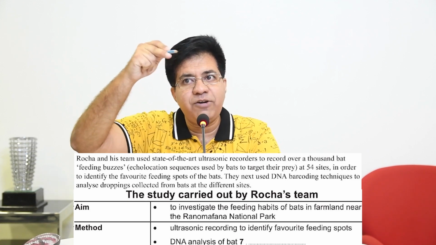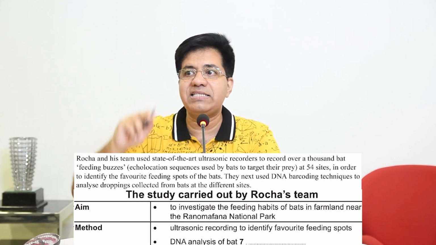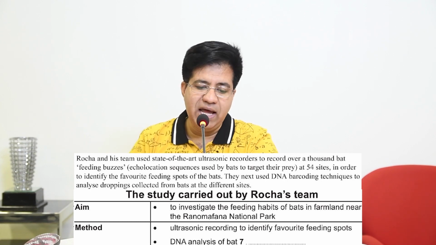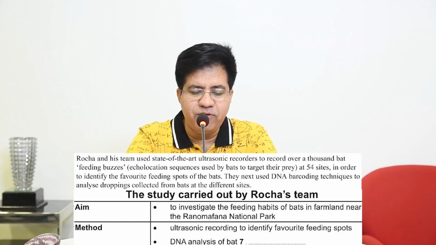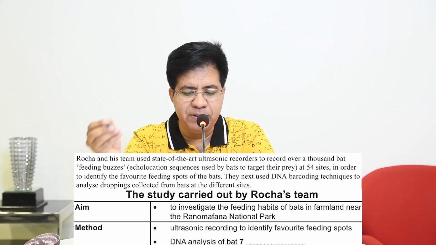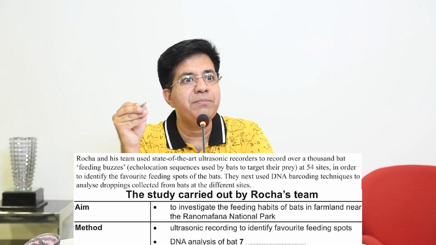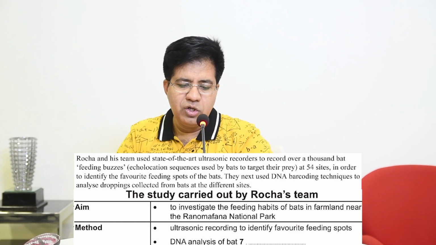Droppings collected from bats means bats' droppings. For example, food collected from animals, animals' food. So the answer is droppings.